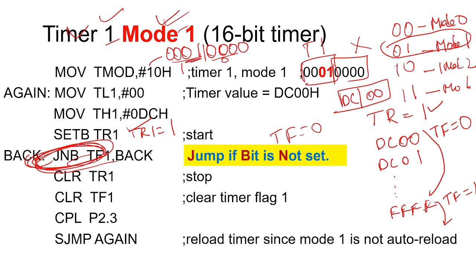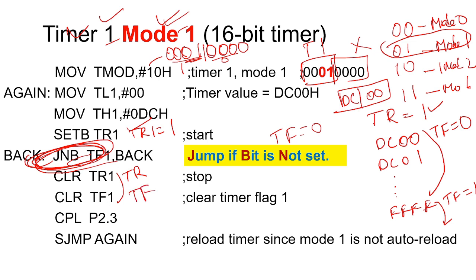Once the rollover condition occurs, the timer flag will change from TF0 to TF1. So I keep on monitoring the timer flag. Once it changes from 0 to 1, that means it has reached the rollover condition, and I need to clear the control register bits, that is the TR bit and the TF bit.